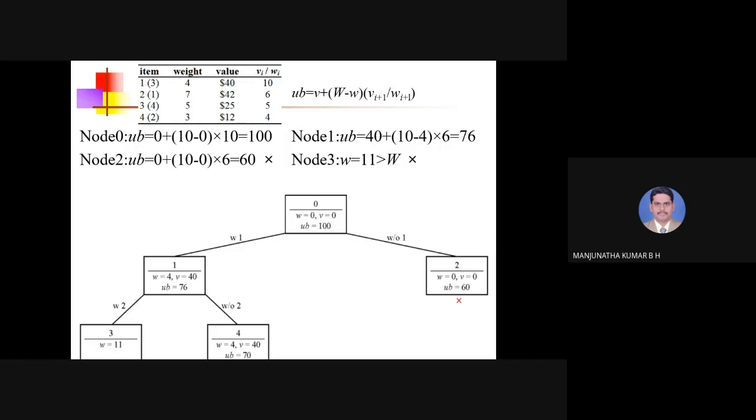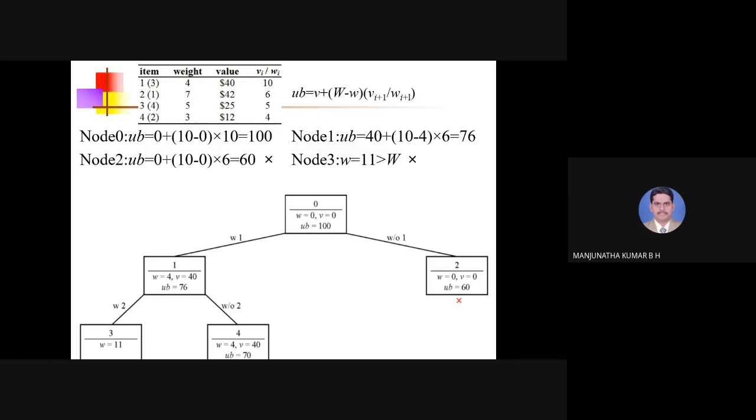So I am going to treat node 1 as the best node, whose value is 76. Now I am going to ignore node 2 and treat it as a non-promising node because its upper bound value is 60, which is lesser than 76. That node 2 path is terminated there itself.